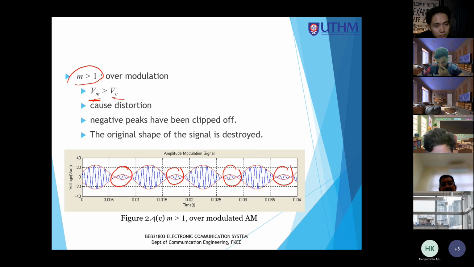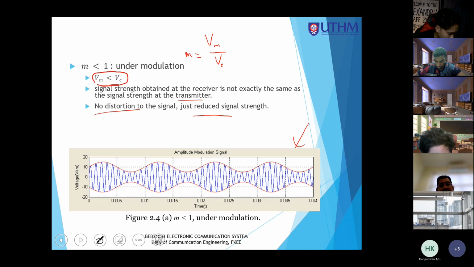Okay. So dalam test kamu perlu tahu cara explain maksud semua ini: under modulation, ideal modulation dan juga over modulation. And you need to know about bentuk wave dia macam mana. Okay.